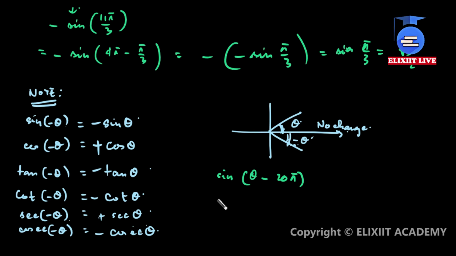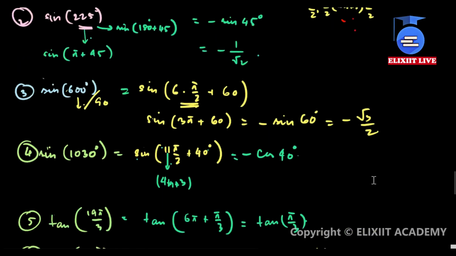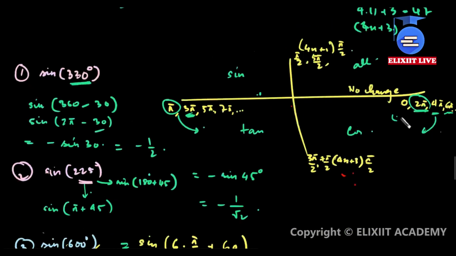What you will do? You will simply take out minus common from here. So this is 20 pi minus theta. We know sine minus theta is minus sine theta, so minus will simply come out. So this is minus of sine of 20 pi minus theta. 20 pi means even multiples of pi, no change. 20 pi will lie somewhere over here, 2n pi. 20 pi minus theta will be in the fourth quadrant.